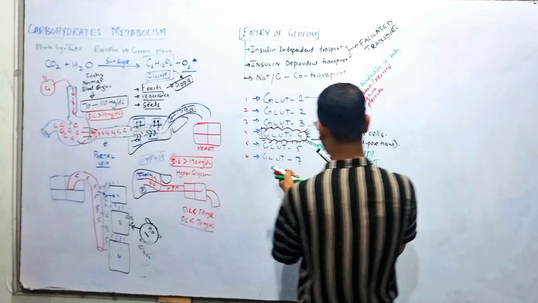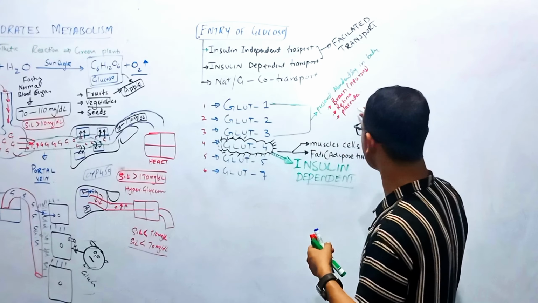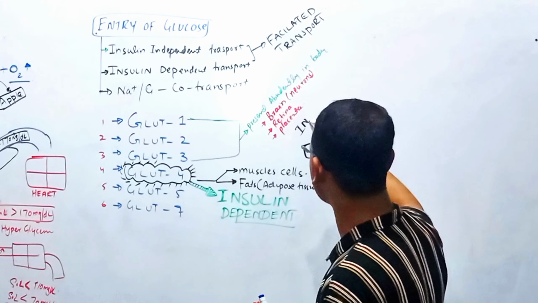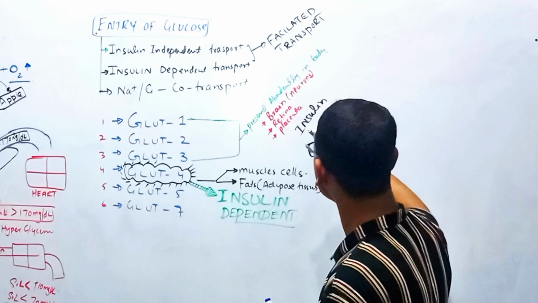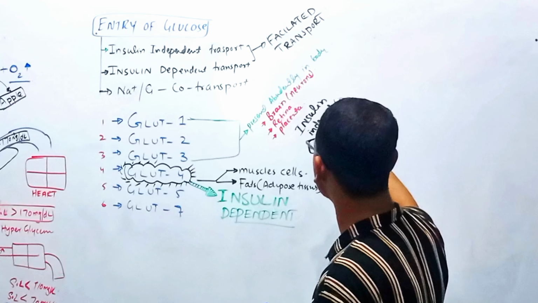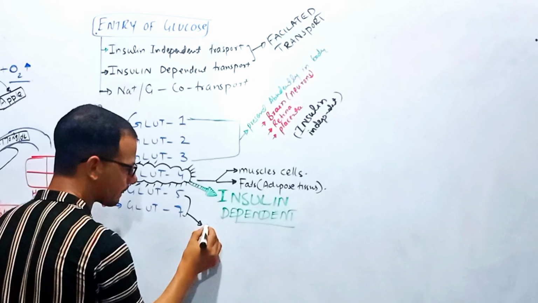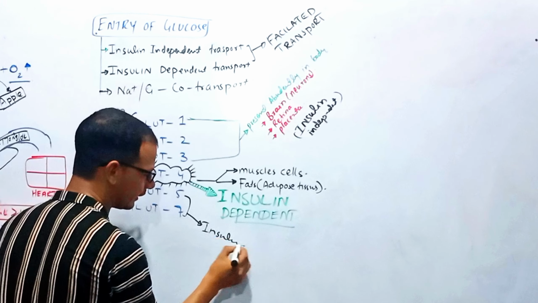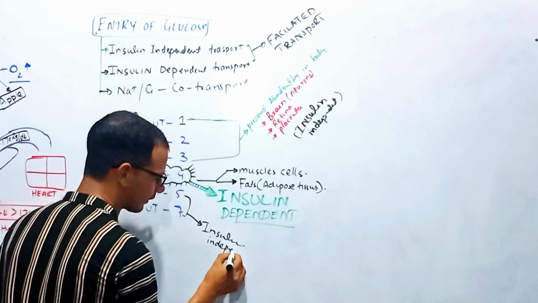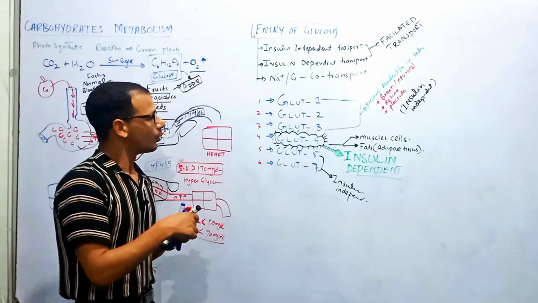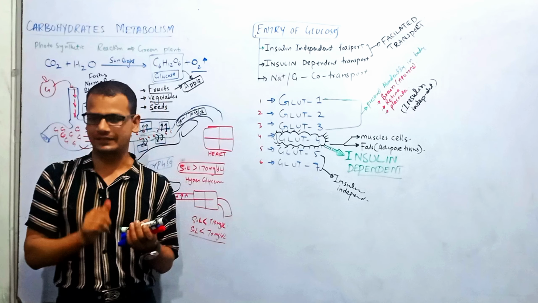So these 1 and 3 are insulin independent. These 5 and 7 are also insulin independent.